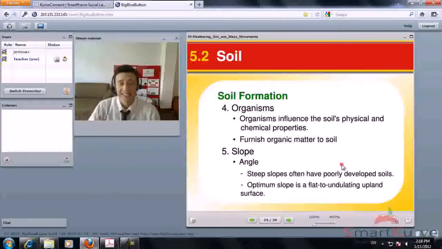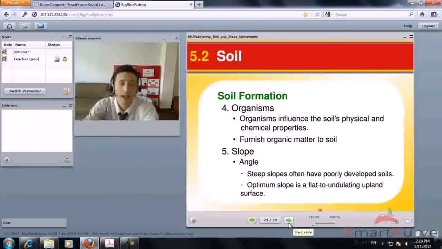When animals die, their bodies decompose and become part of the soil. So living things are always enriching the soil with organic matter. And that's true of everything from bacteria to plants, fungus, and animals.